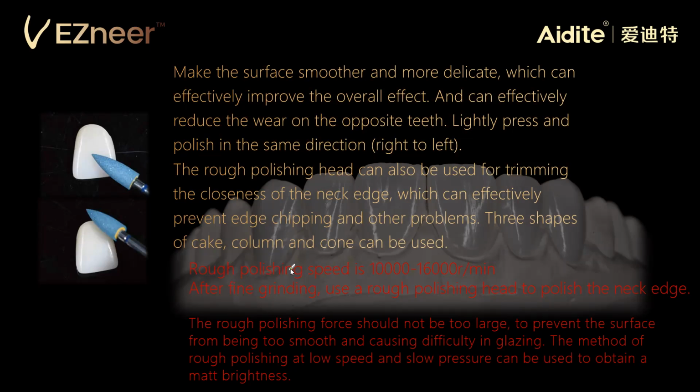And after fine grinding, we can use the rough polishing to polish the thin edge, the margin line, and this tool is more safe. This is a safe tool to grind the margin lines. So if we want to get the margin line thinner, we can use the rough polishing to grind.